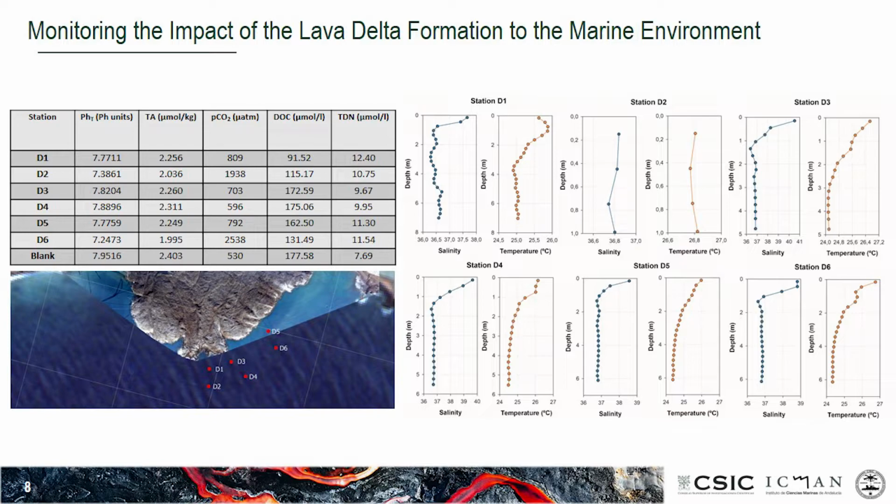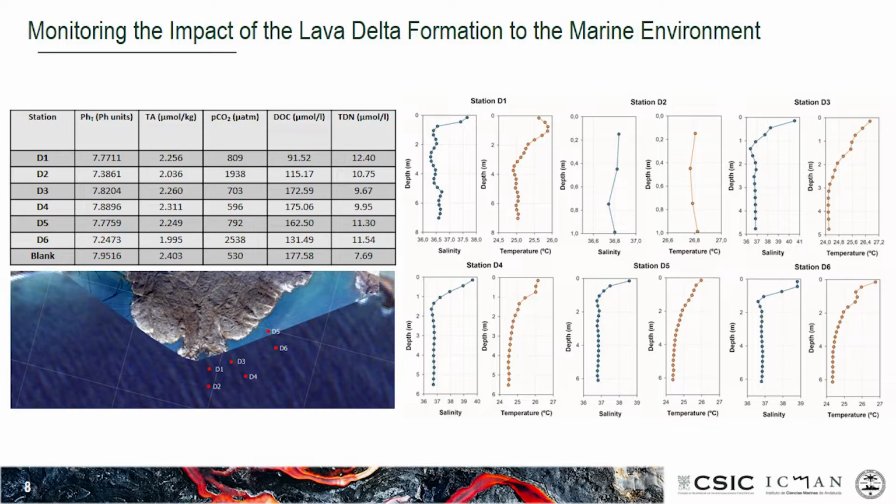Finally, we took some water samples close to the lava delta to analyze the impact of the chemical and physical reactions that could happen in the marine environment in these areas. So we took 6 samples close to the lava delta and some samples in areas that were not affected by the lava cascade, and we measured salinity, temperature, pH, alkalinity, and dissolved compounds.